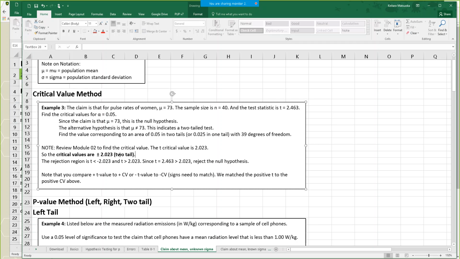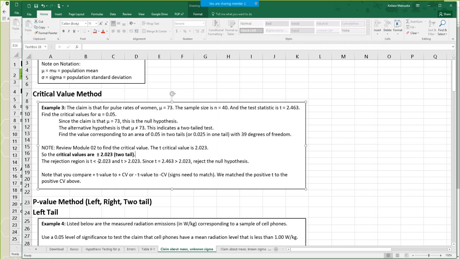Now these critical values are in the plus-minus region, because it's two-tailed, it could be in the positive region or negative region. This determines the boundary for critical regions. So the critical regions are determined to be the outside of the interval between negative 2.023 and positive 2.023.